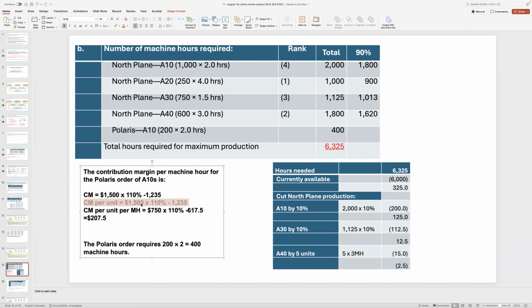So then you divide by 2. So your contribution margin per unit per machine hour is 750. So that's 1500 divided by 2. And 1235, that's 617.5. So this calculation tells me my contribution margin per unit per machine hour is $207.50.